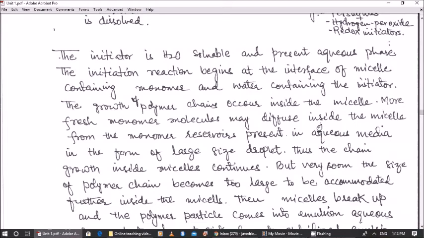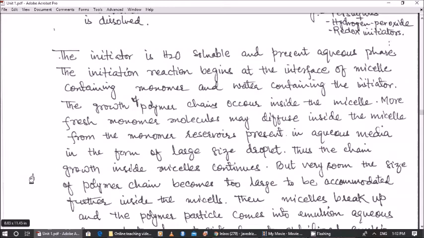Thus the chain growth inside the micelle continues, but very soon the size of the polymer chain becomes too large to be accommodated further inside the micelle.